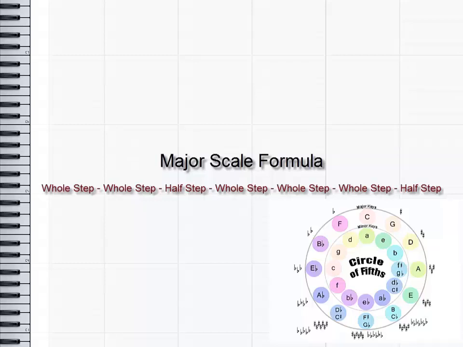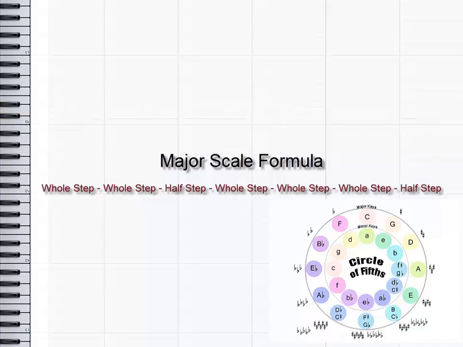Continuing on the circle of fifths, we can see that our next scale is D major, and it should have two sharps. Let's use our major scale formula once more to see if this is true. So beginning on D, D, whole step, half step, whole step, whole step, whole step, and a half step.